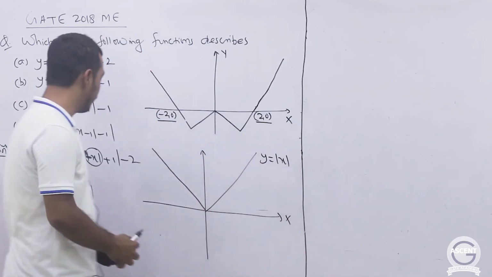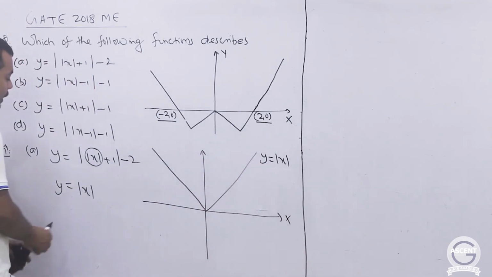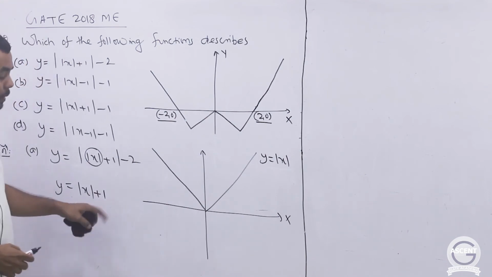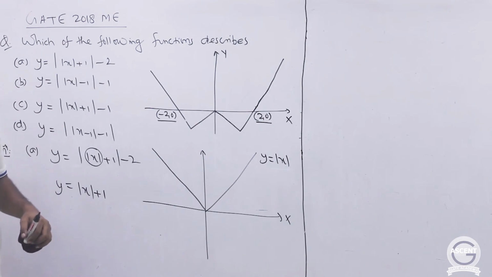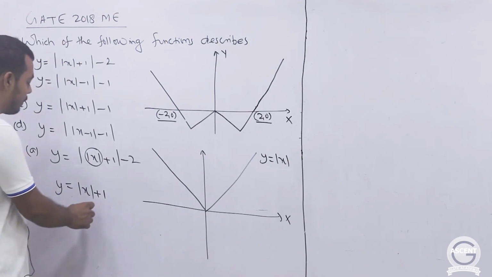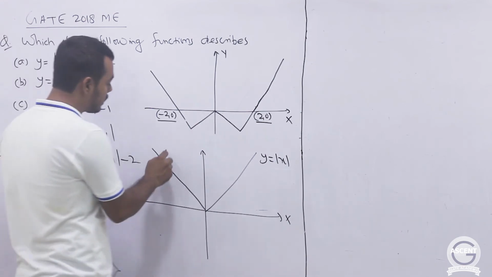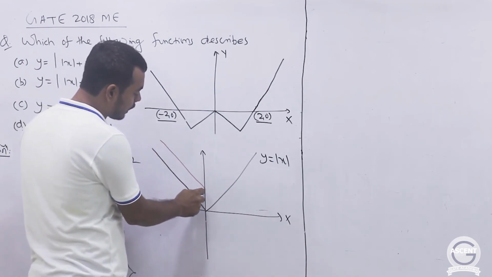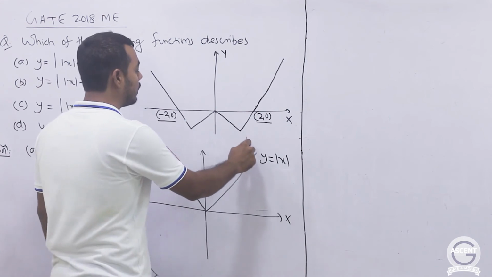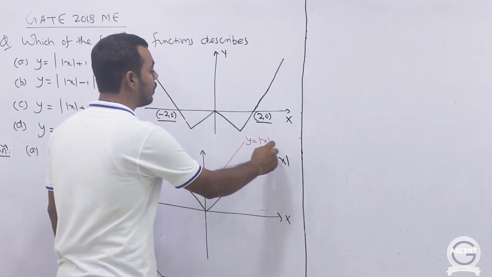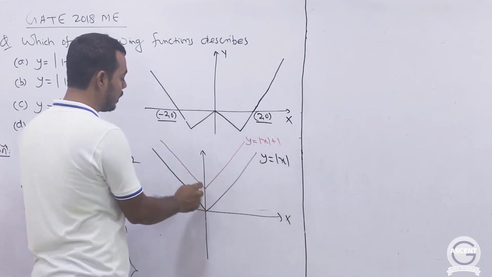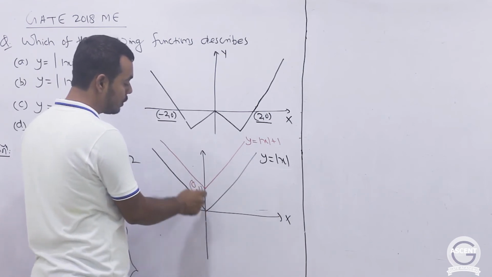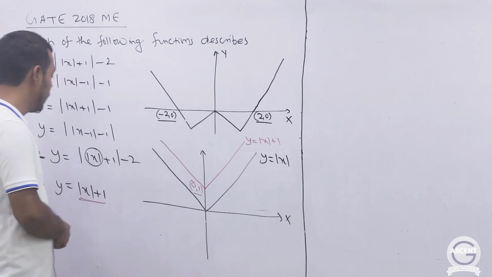Now if I want the graph of mod x plus 1, then we have to shift this graph by 1 unit towards positive y axis. So we will get this graph. This will be your function y equals to mod x plus 1. This was point 0, 0, so this will move to point 0, 1.